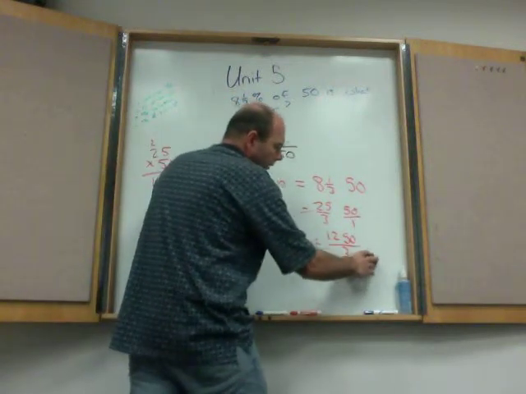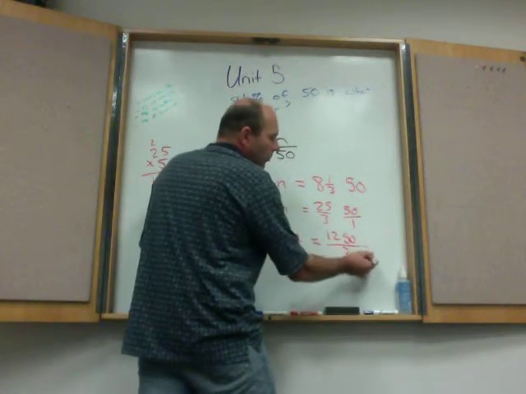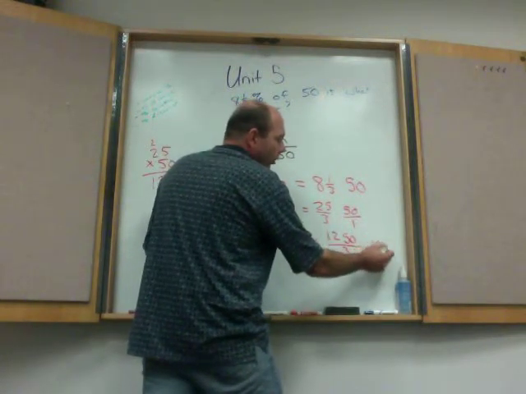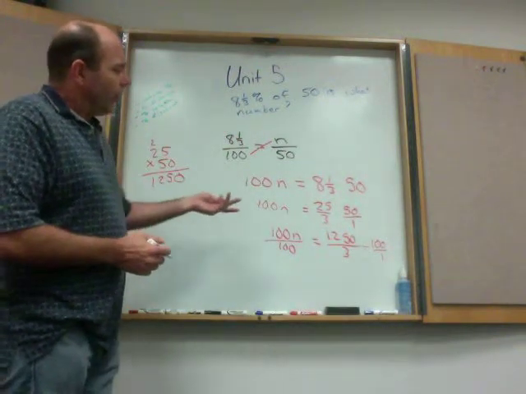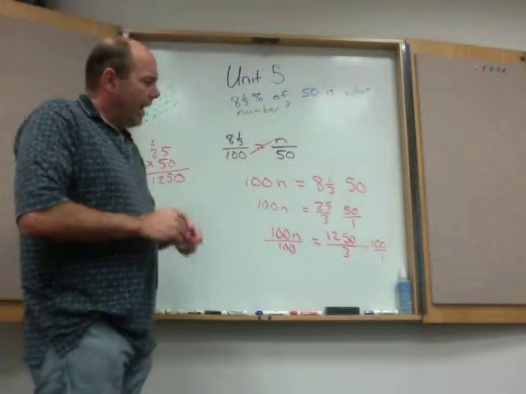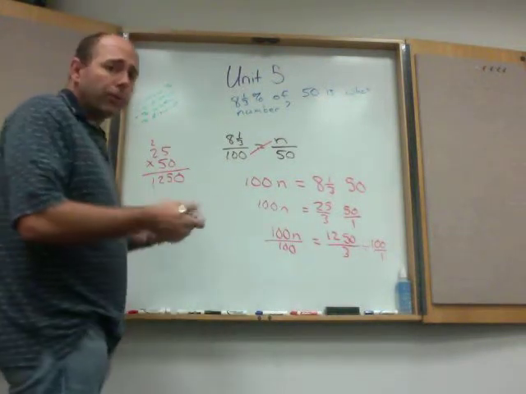So I'm going to do it a little bit differently. I'm going to divide it by 100, so 100 over 1. Now, if you remember, how do you divide fractions? Well, you multiply by the reciprocal, correct?